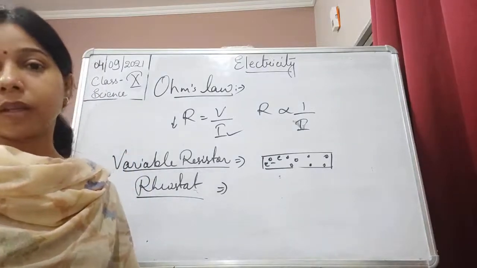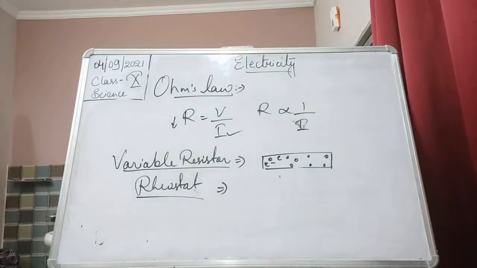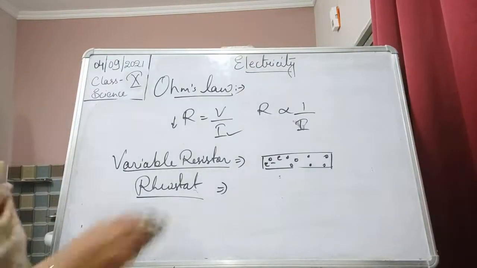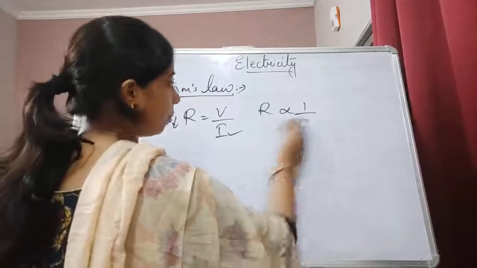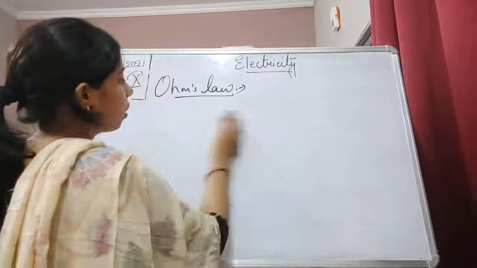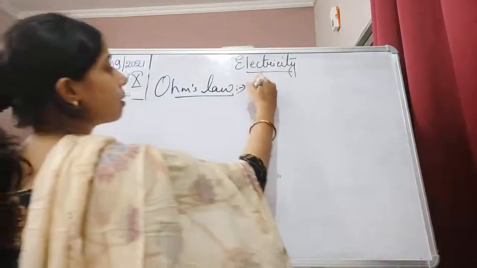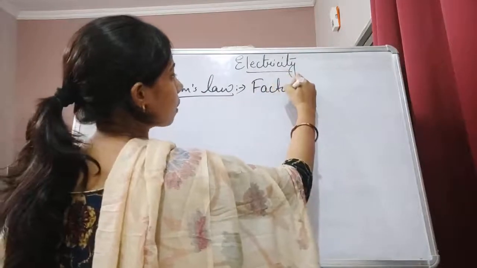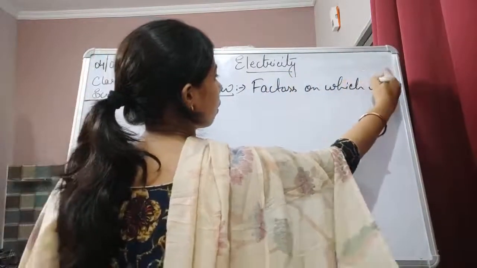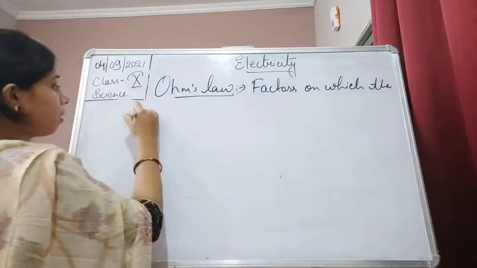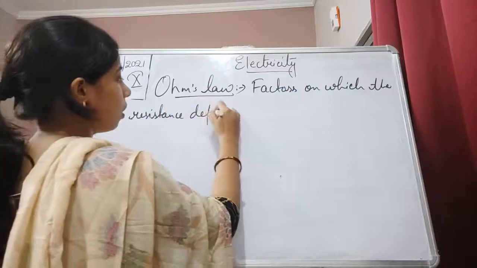Different substances allow different amounts of electric current to flow through them. There is another thing, and that is resistance. There are some factors on which the resistance depends. Let me tell you what these factors are.